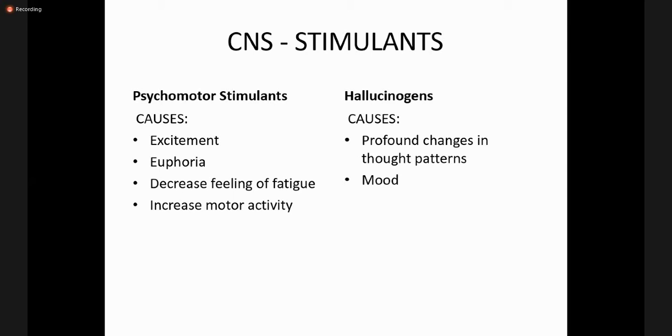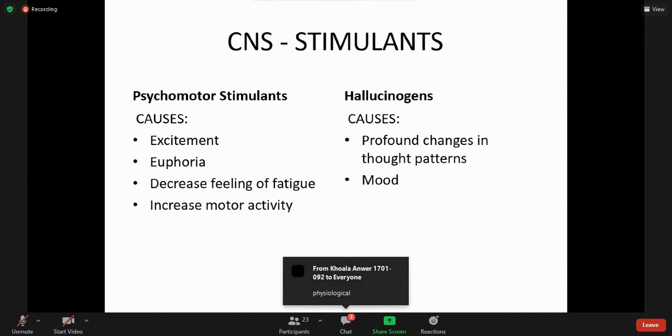If I ask which drug dependency is dangerous, psychological drug dependency or physiological drug dependency? Which one is dangerous? Okay, there is a reply: physiological drug dependency is dangerous, right?